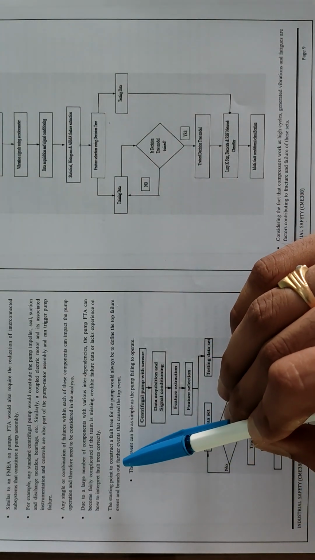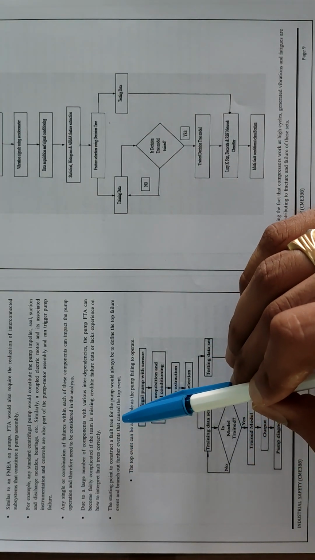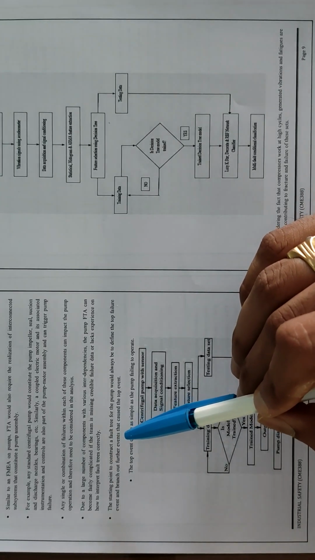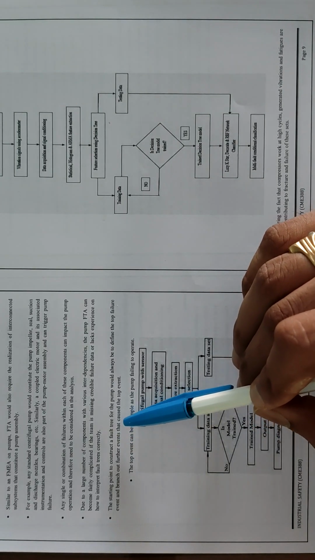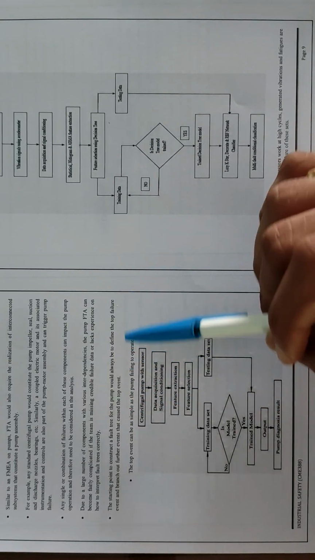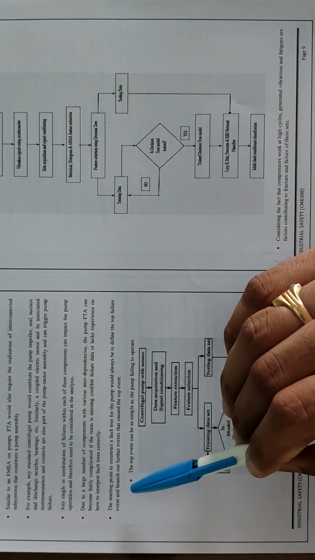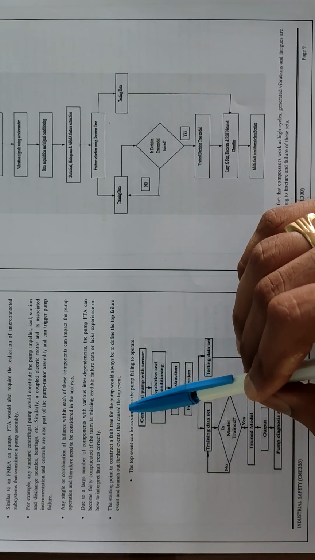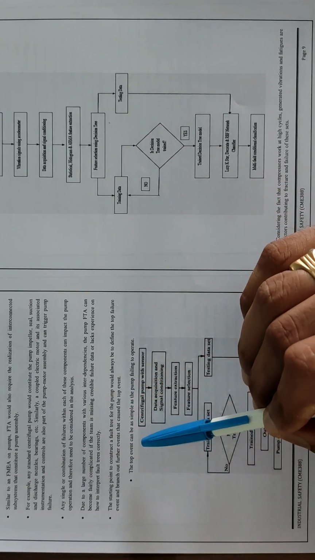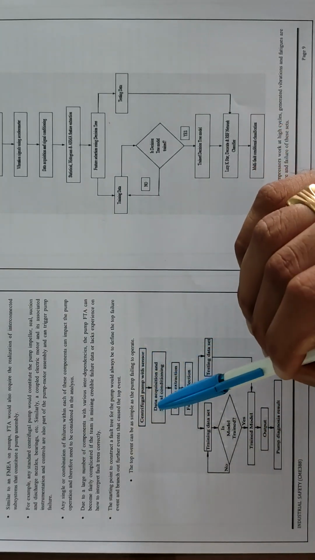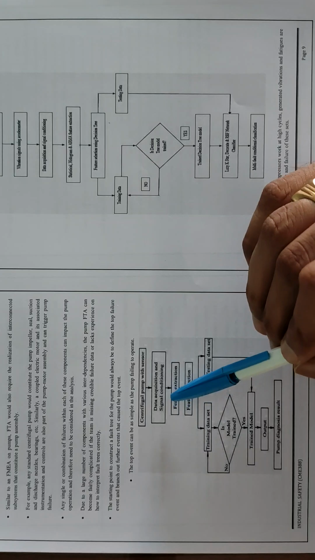The starting point to construct the fault tree for the pump would always be defined on top failure event and branch out further events that cause the top event. The top event can be as simple as pump failing to operate.